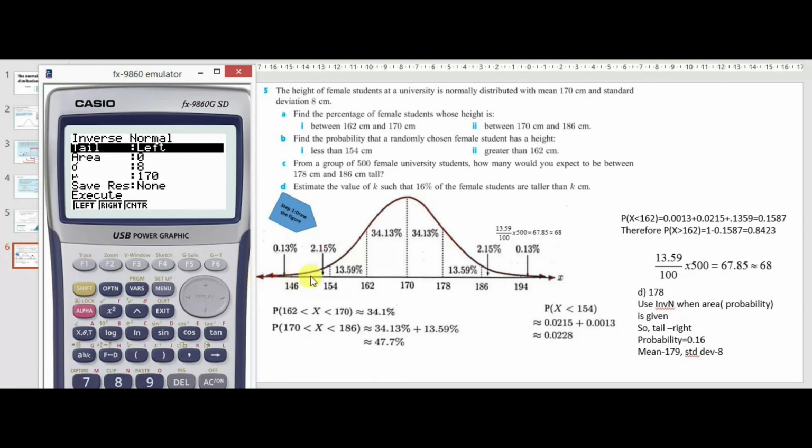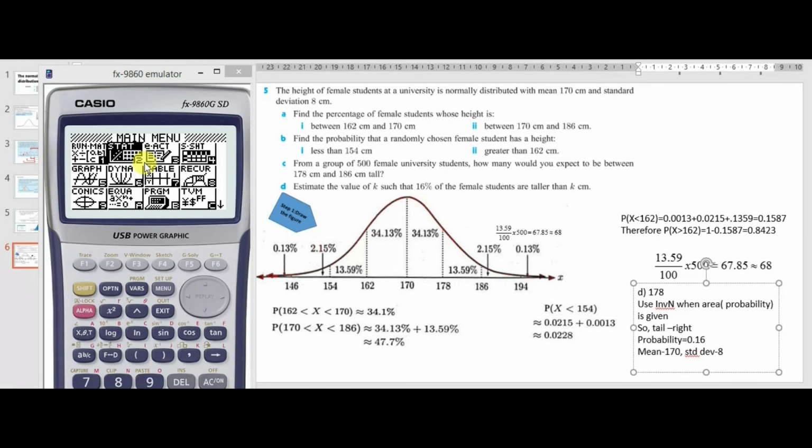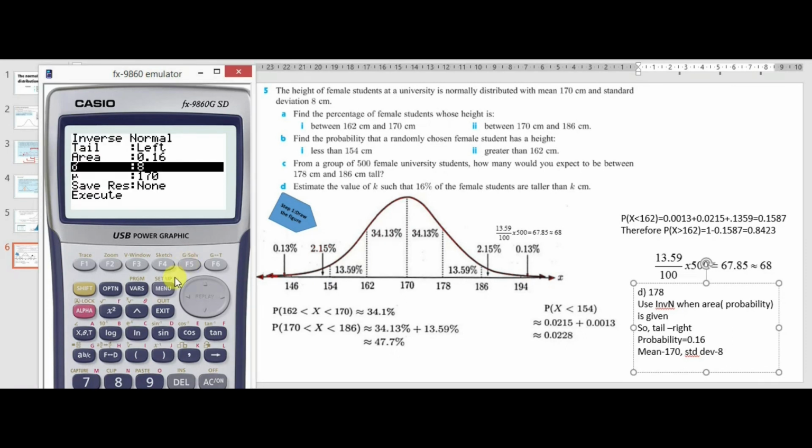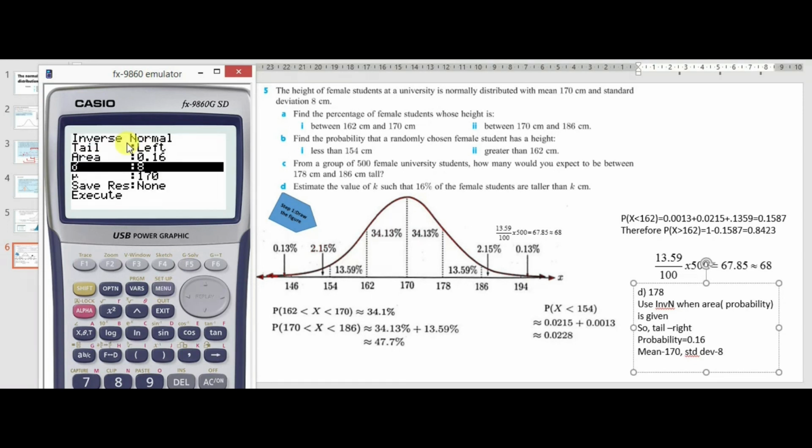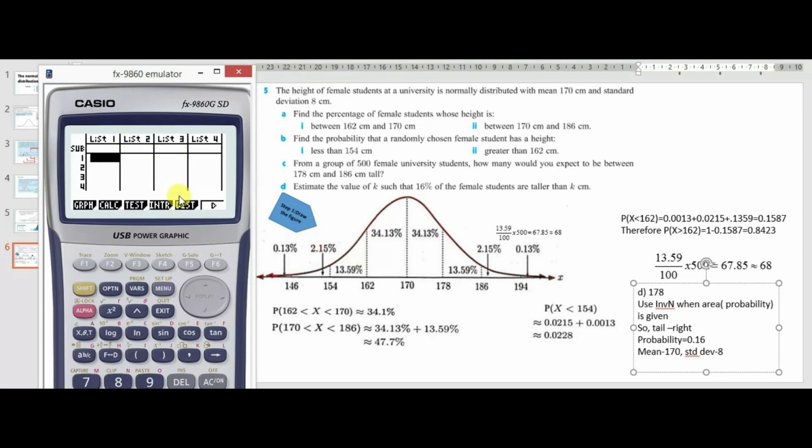This is supposed to be the tail, and this is supposed to be the head. I'll go to menu, click on stats, click on distribution, normal. As I mentioned before, since we are finding out the number and the area is given to us, go to the inverse function.